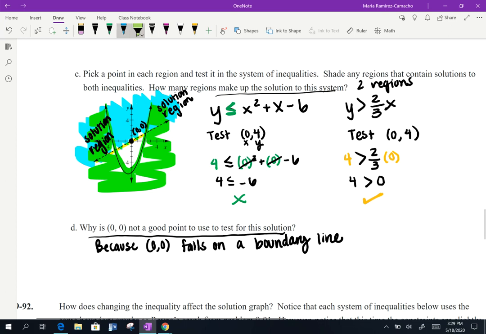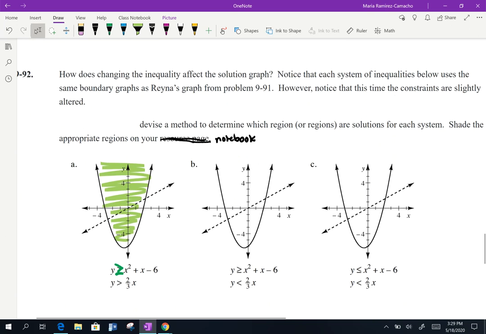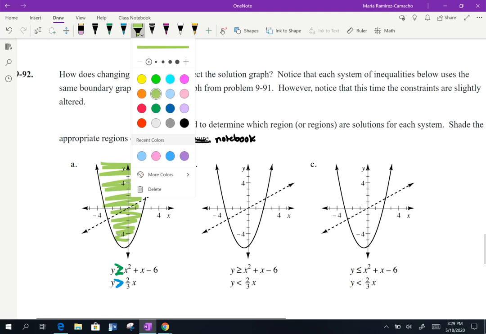Okay, but over here we still have greater than for this linear inequality for the line. So down here, one note. Since it's still greater than, we're still going to shade above the line. So that'll be nice.